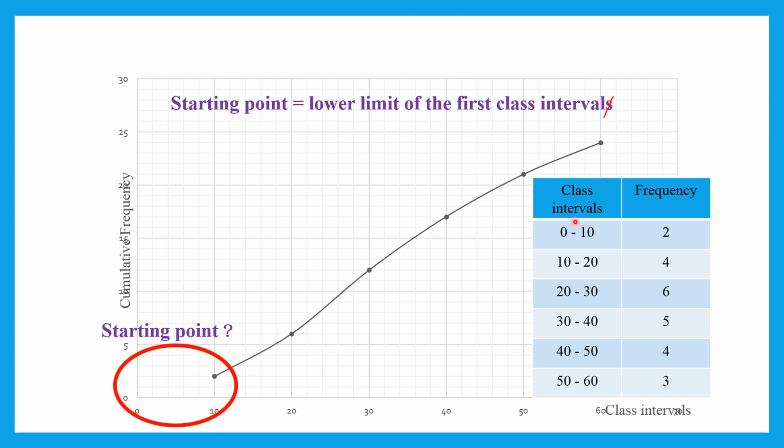This is the first class. This one is upper limit. We discussed, and this one should be the lower limit. So starting point of a cumulative frequency curve should be the lower limit of the first class interval. Very important, first class interval. It should be the lower limit of the first class interval.